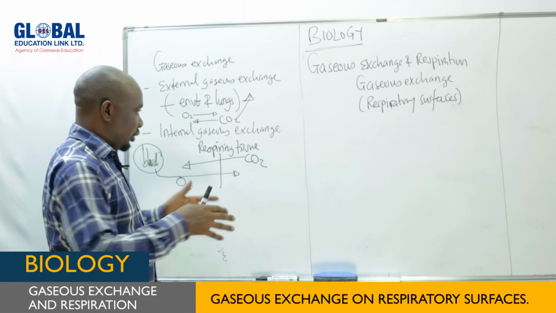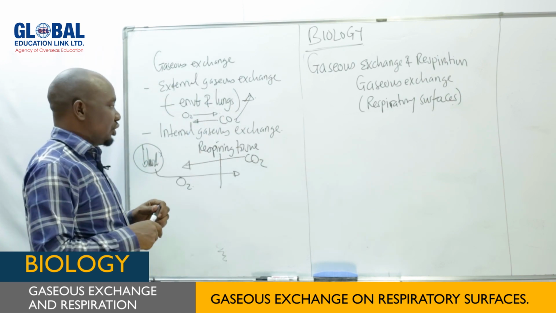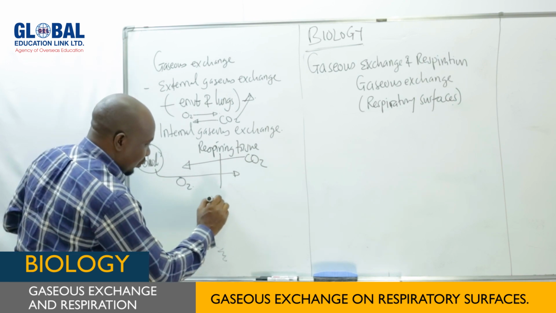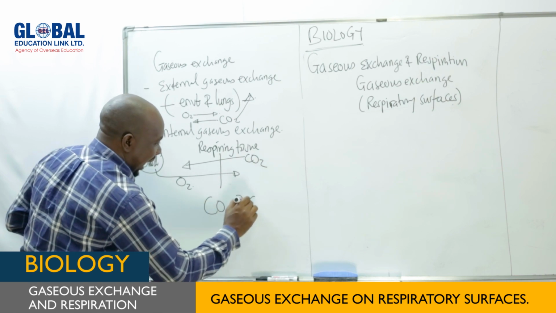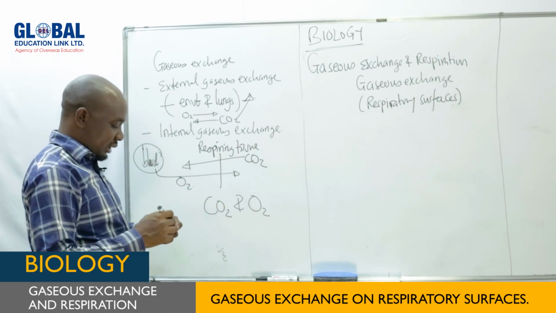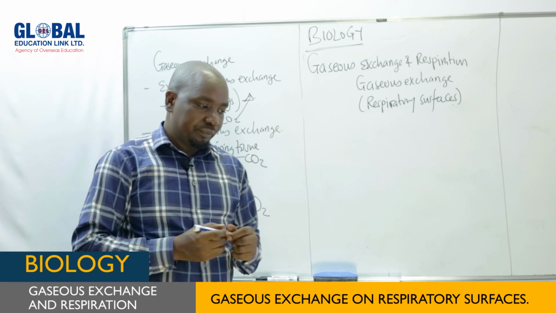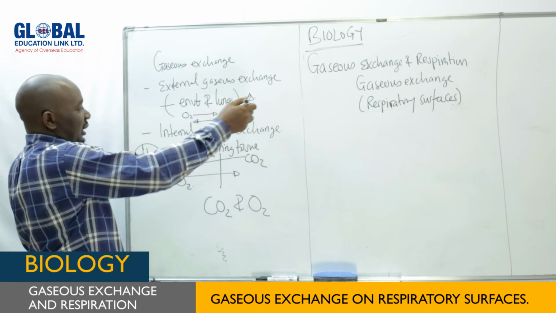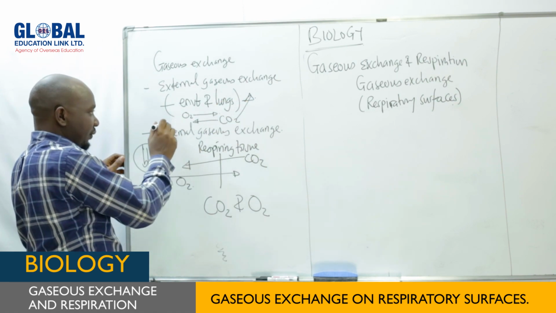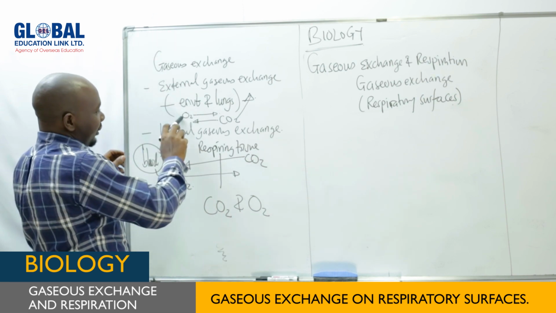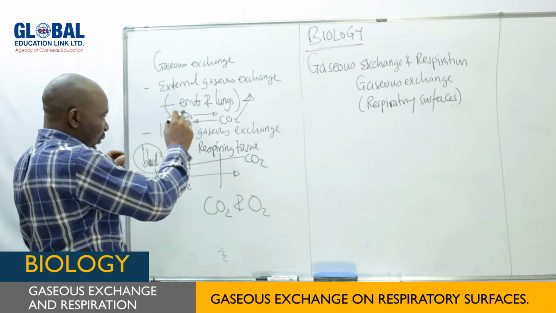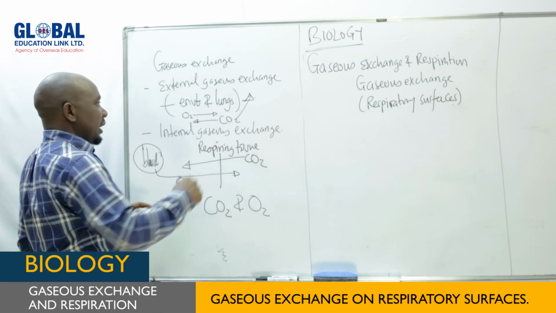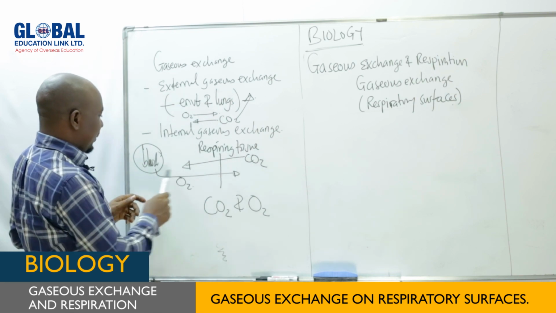Dear student, the general concept of gaseous exchange is principally based on the two gases which are exchanged between the two sides. The first exchange occurs in the lung, where carbon dioxide diffuses from the blood capillary into the environment. The oxygen from the environment diffuses into the lung, then is carried by the blood to the respiring tissues.